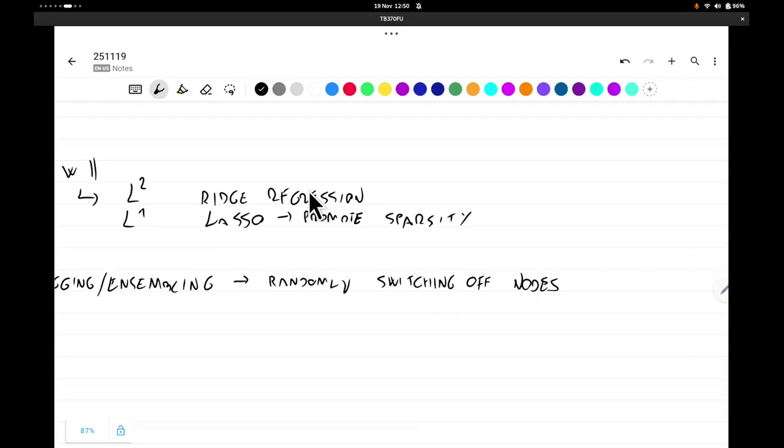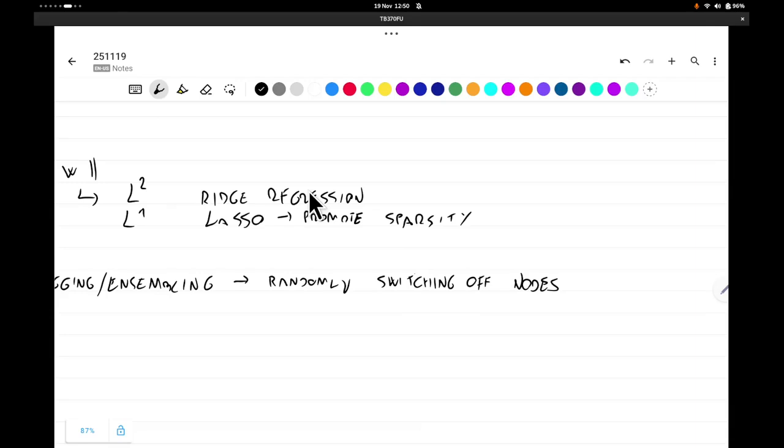So that means you go over all the nodes and you take a random number, and then you have set your probability. If this random number is smaller than the probability that you set, typically small, say 1%, you have the probability to switch off the node. Switch off means that you set all the weights coming to that node to 0, so that it will also have 0 output.